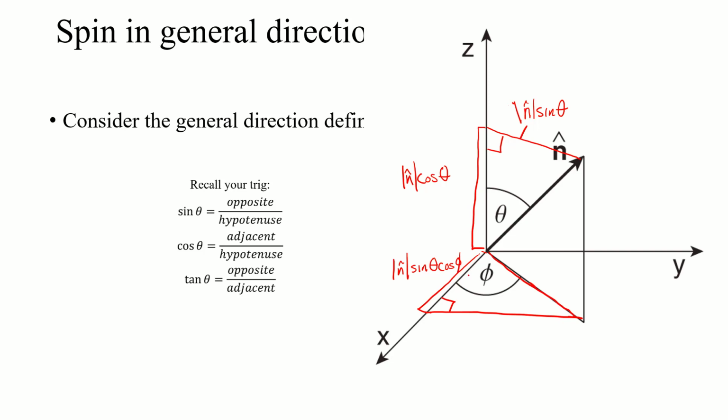Using our trig, cosine is adjacent over hypotenuse, so we bring the hypotenuse up, and that's our x component. We can do the same thing for the y component, which is n hat sine theta, the hypotenuse of this triangle, and now we're looking at the opposite side of that azimuthal angle, so that's sine of phi.